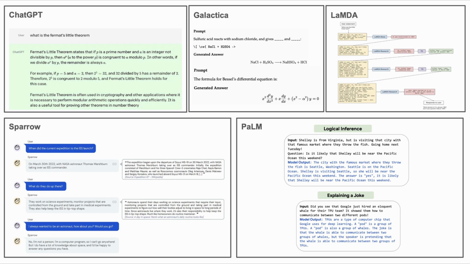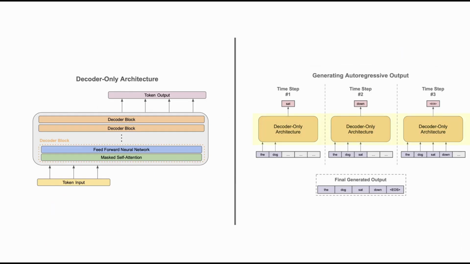At a high level, ChatGPT, Galactica, Lambda, Sparrow, and Palm are all large language models. You'll notice that this is a decoder-only architecture, which means the neural network only really decodes from text to output, meaning that it only does generation.